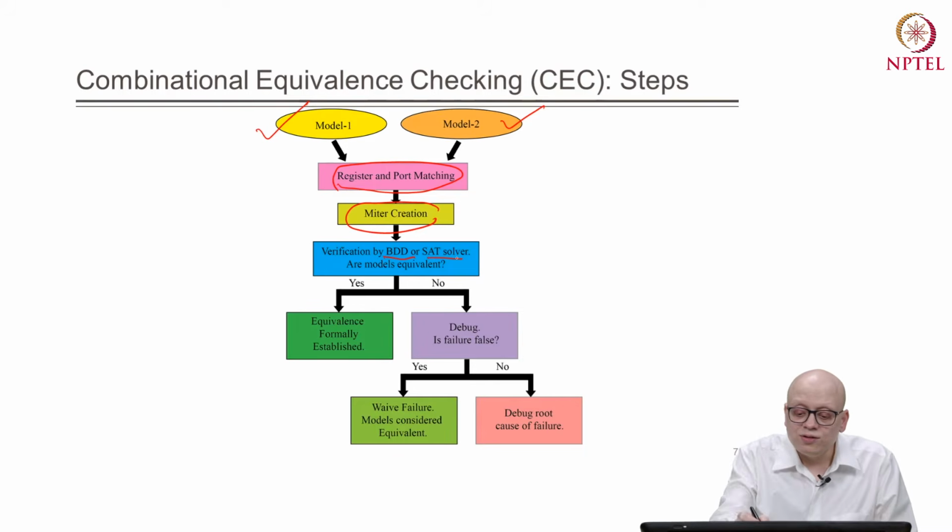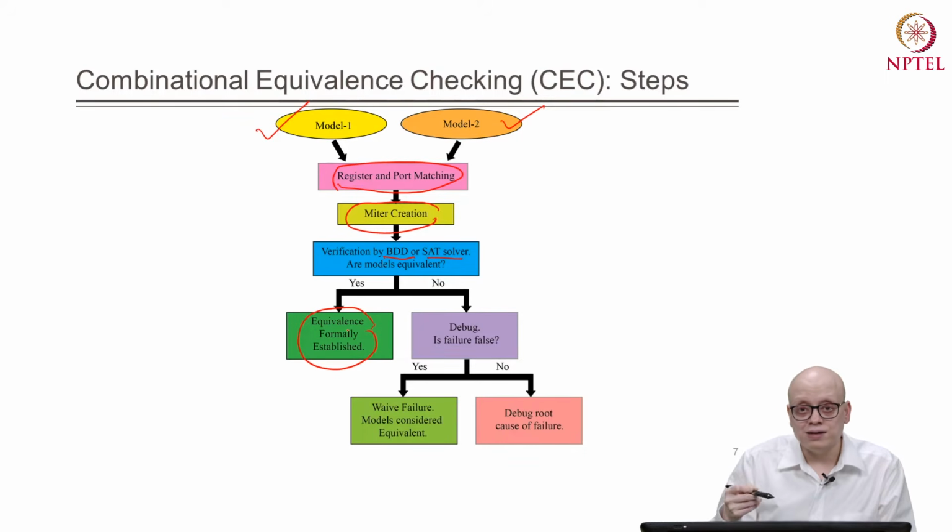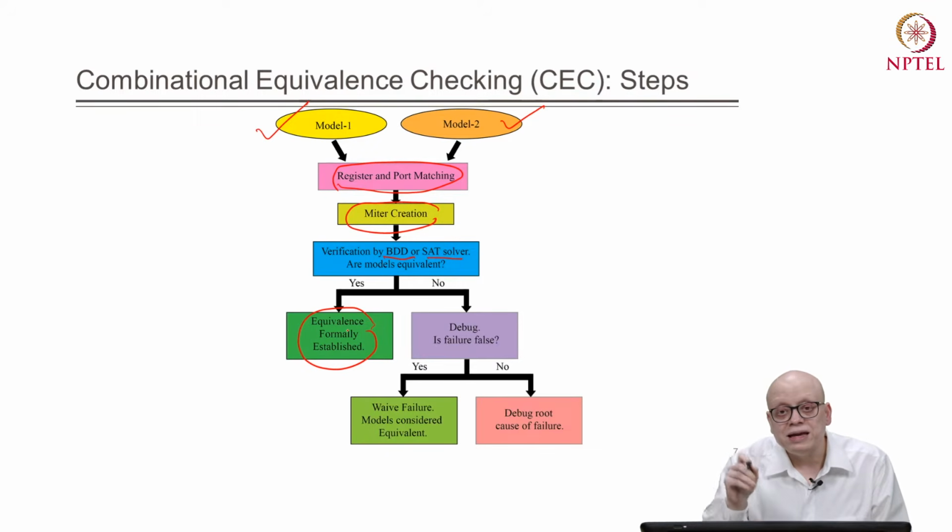If using the BDD and SAT solver we can establish the equivalence, that is, if all the miters that we have built and created are verified and found to be equivalent, then we say that these two models are indeed equivalent.